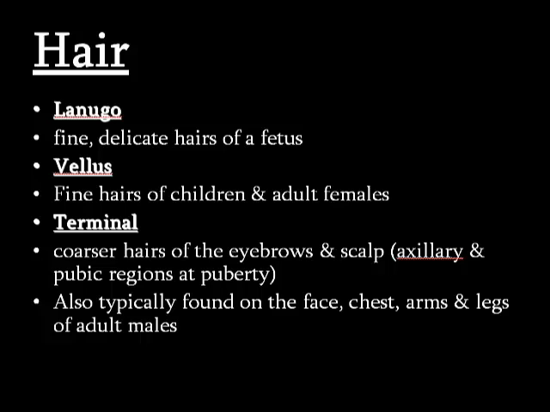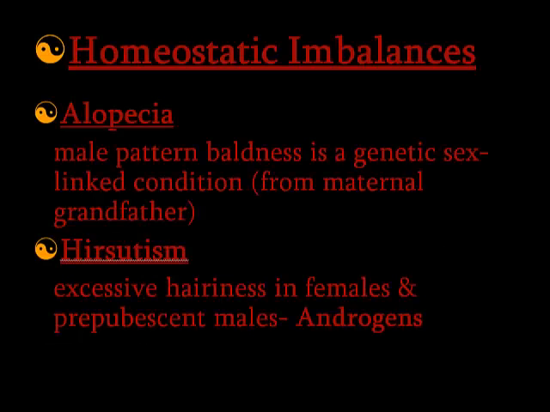Other fancy terms for hair found throughout the body that you should know would be lanugo, villus, and terminal hairs. Fancy term for loss of hair is alopecia, and excessive hairiness due to endocrine disorders often would be hirsutism.